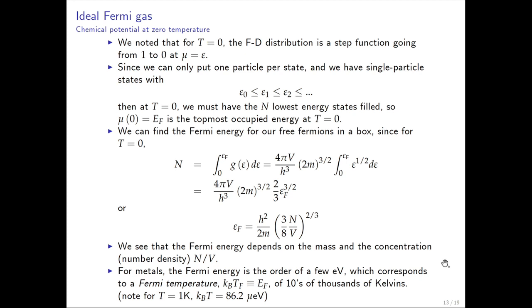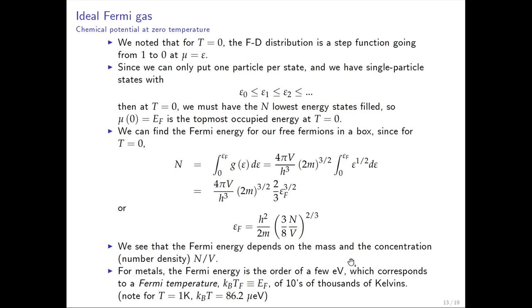Okay, so if you actually do this and you put in the electron mass, and actually in solids, what happens is you get an effective mass. You'll see that when you take solid state physics. But if you plug in the effective mass for a metal, for most metals, and the number density, which is really just given by the density of the material, you'll find that the Fermi energy is on the order of a few electron volts.